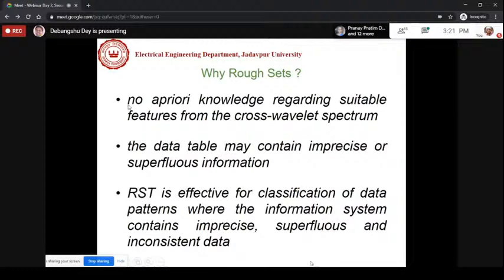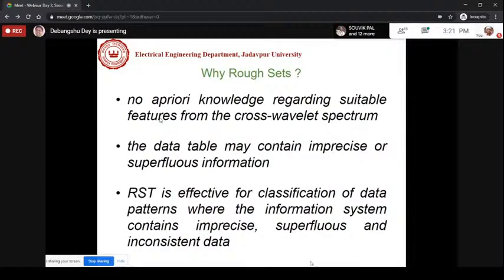And also there we do not require any a priori knowledge, because in many cases we really do not have the knowledge. That means if you are targeting one new problem, then how do you know which feature will be fruitful for you? So for rough set theory, a priori knowledge regarding suitable features is not required. Whatever all possible features you can take, then you can eliminate them one by one.